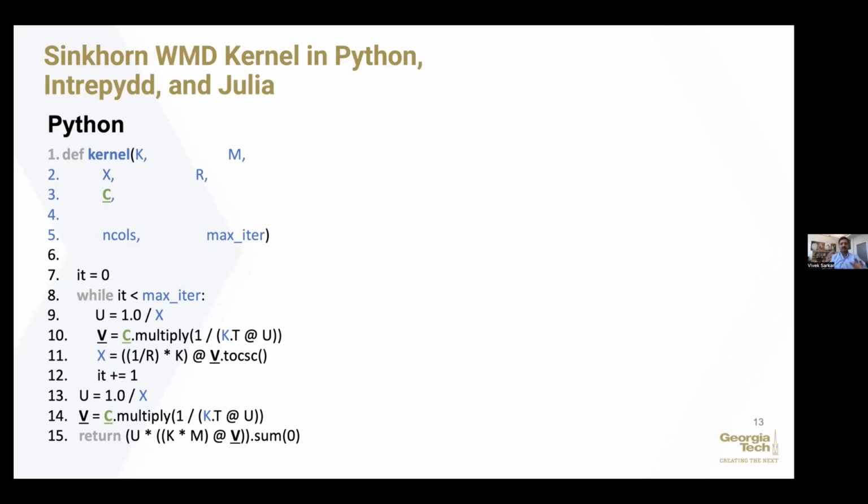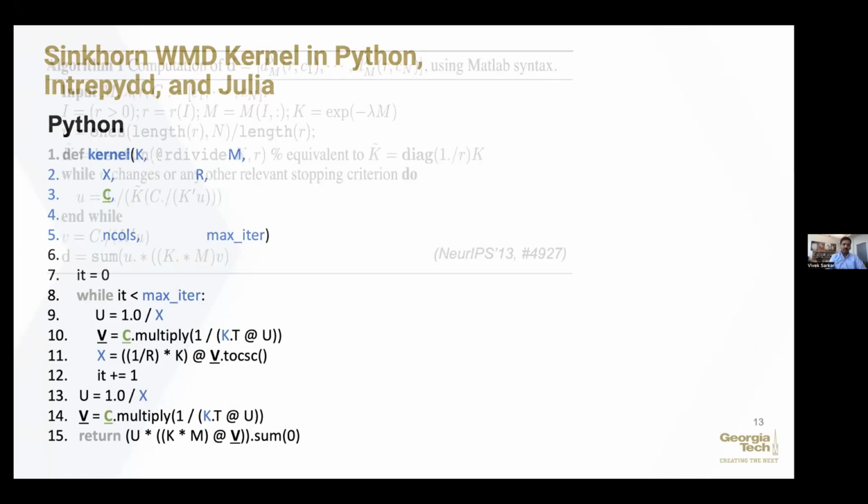analytics applications in this DARPA software-defined hardware program that we were looking at a few years ago was this word mover distance kernel. And this is how it looks like in Python.